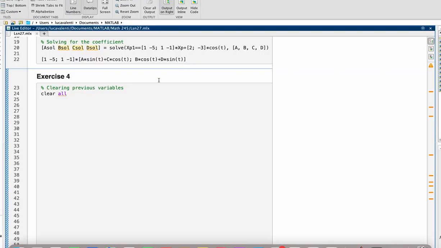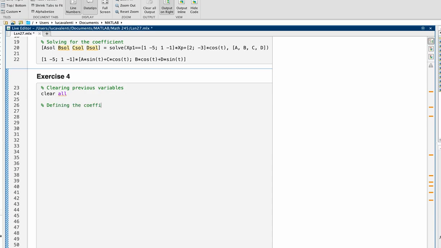So let's go over to MATLAB. The first thing we want to do is define the coefficient matrix. The coefficient matrix, if you remember, is 1, -4, 1, -4, and 4, 1. I don't want it to output, so I put a semicolon. Then I want to define the forcing function so that I have it for use later.